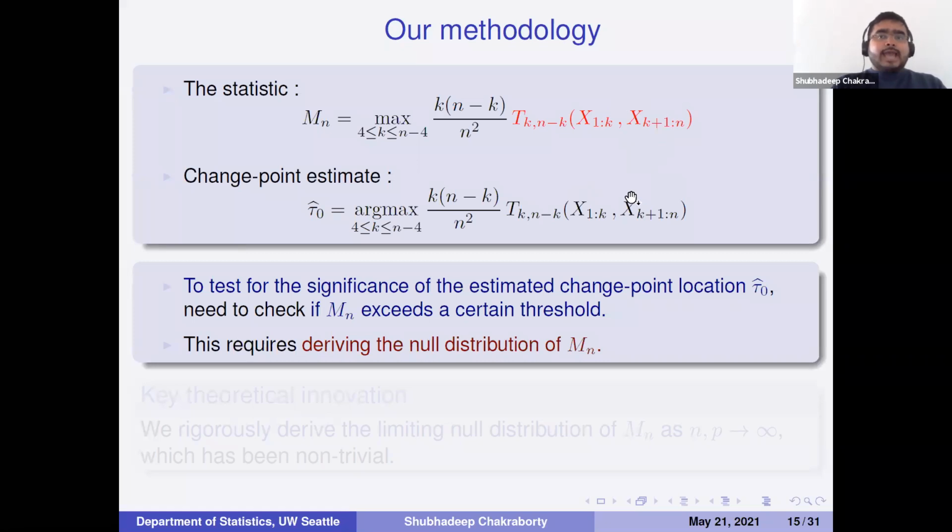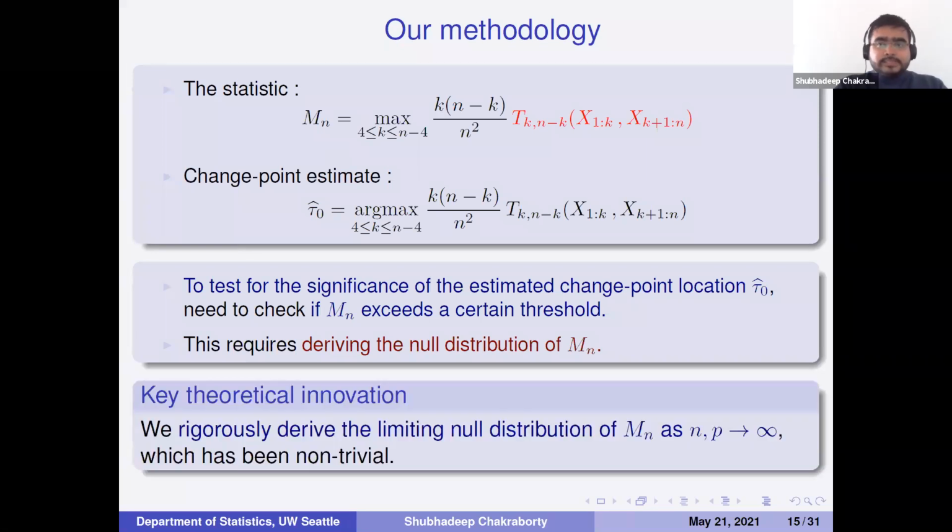And the key challenge in coming up with a test based on this is that we first need to rigorously derive the null distribution of M_n, which has been our key theoretical innovation.